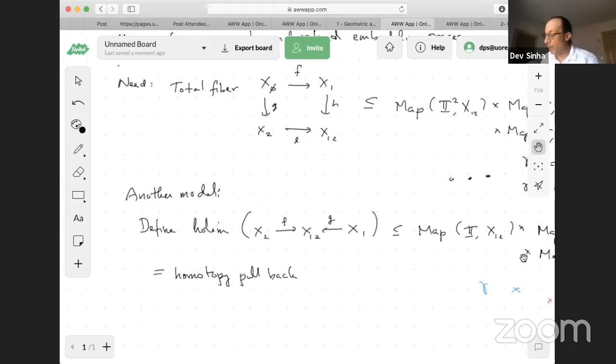Because what is the pullback? The pullback would be the things in the product x1 cross x2 that map to the same place. As I said before, this is a funny thing where we say, well, it's maybe a bit much to expect us to map to the same place. So good enough for government work, I'm going to take wherever x and y map to, and then I'll just supply this gamma, which accounts for the quote unquote error by providing a path between f of x and g of y.